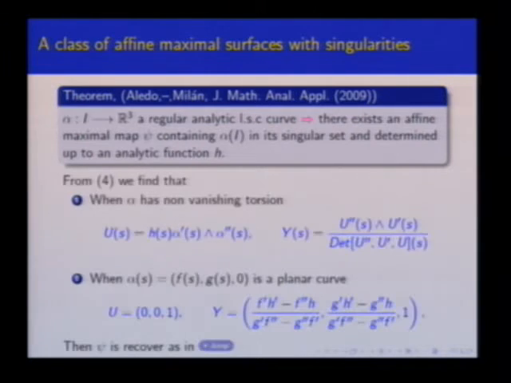That can be proved from our previous result, because we can always obtain u and y in terms of the analytic function h and alpha, in both cases: when alpha has no vanishing torsion and when alpha is a planar curve.